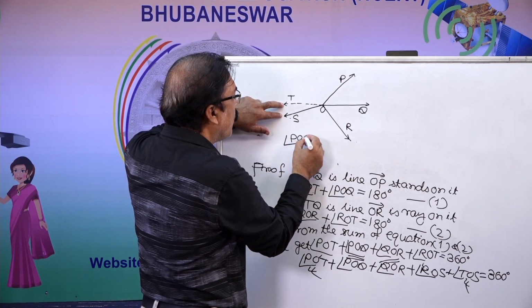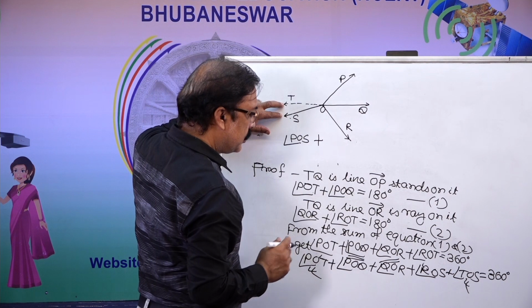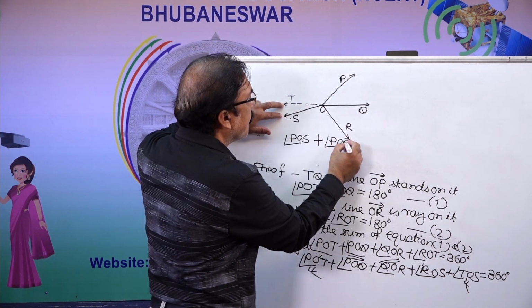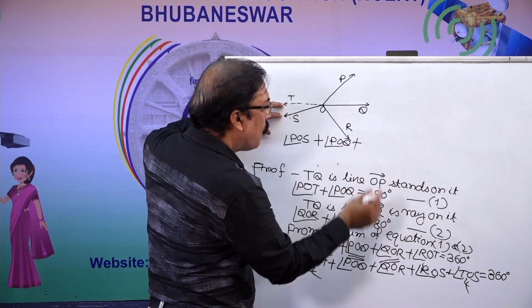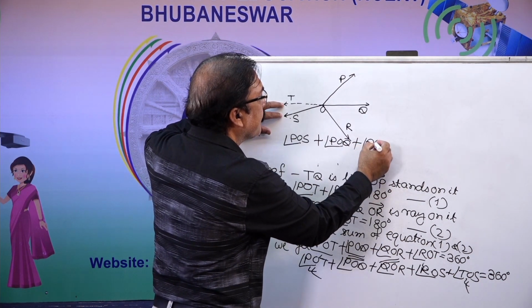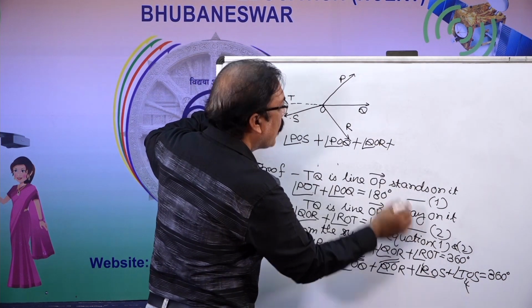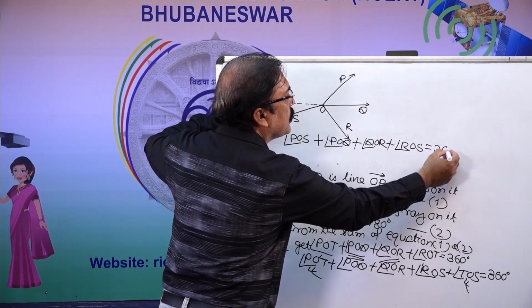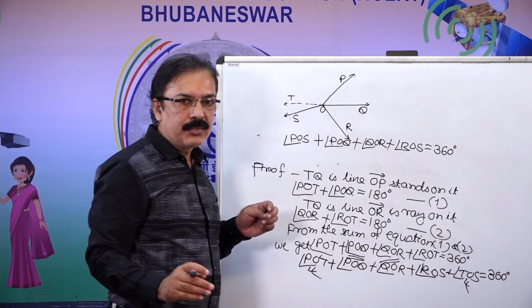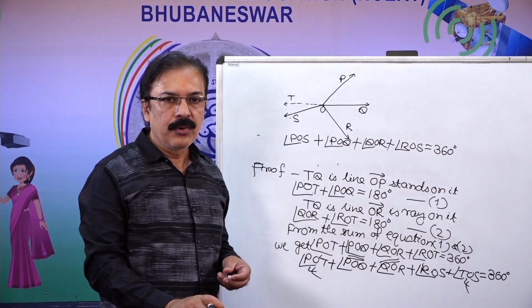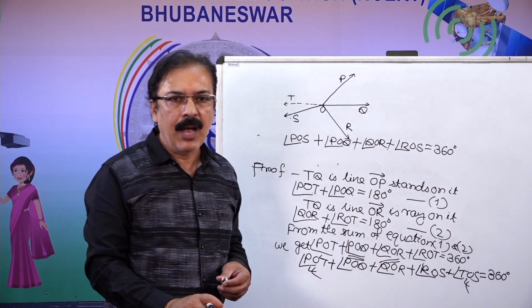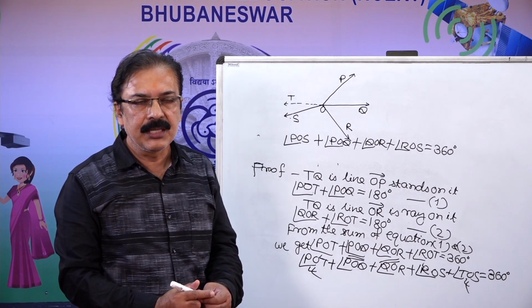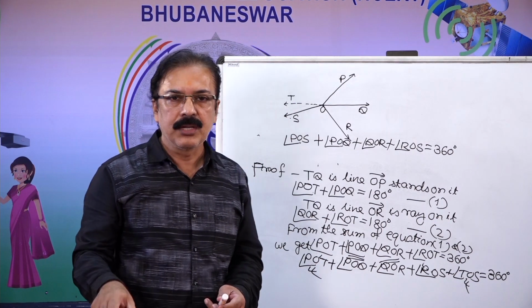So POS angle plus POQ angle plus QOR angle plus ROS angle is equal to 360 degrees. This was our question to prove: POQ plus QOR plus SOR plus POS is equal to 360 degrees. So this is the solution.